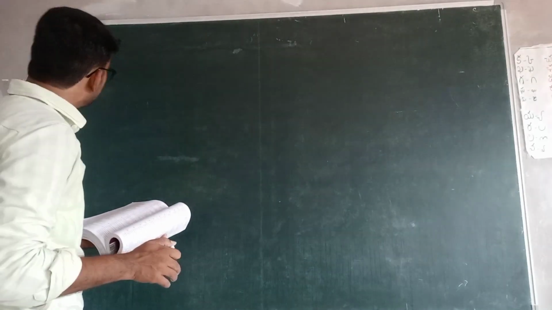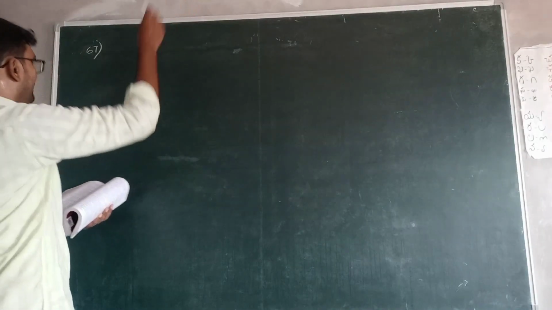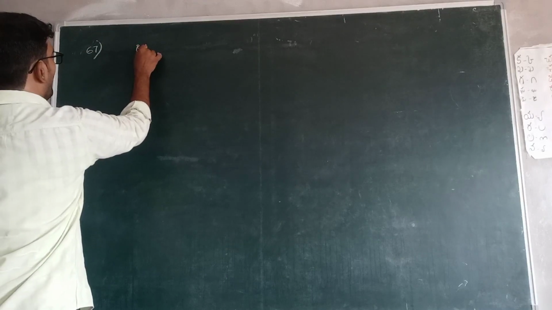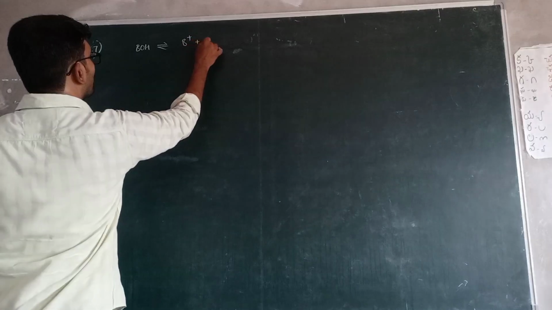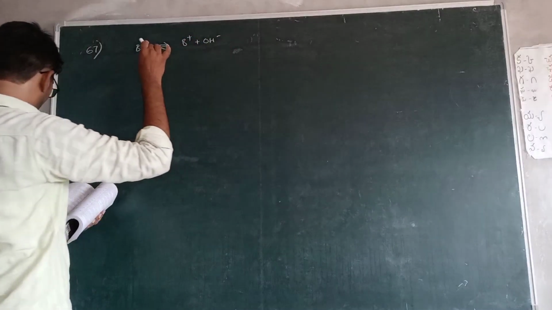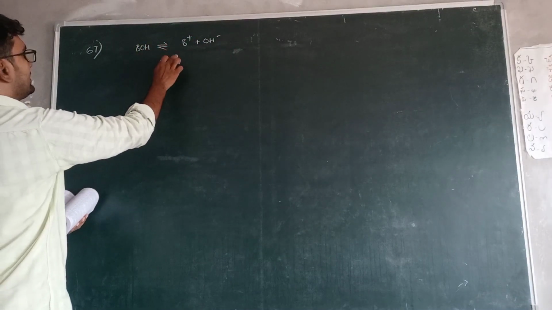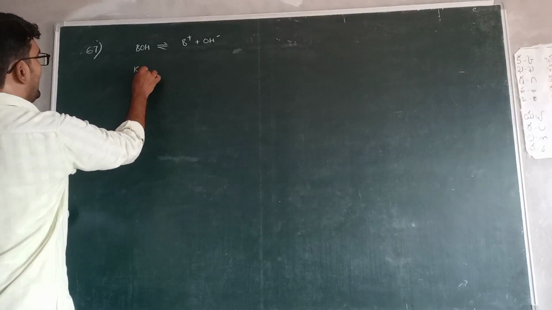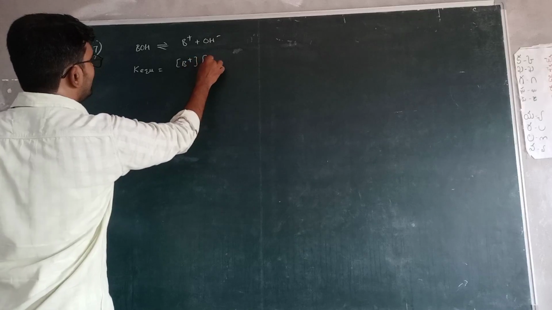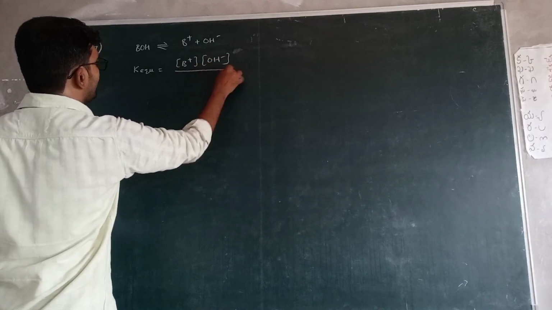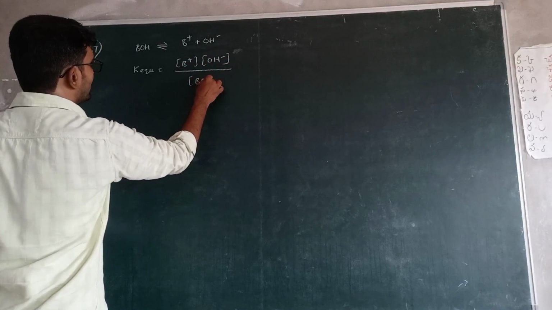Now 67. In the 67, first one: BOH gives rise to B+ plus OH minus. Here the equilibrium constant is given. K equilibrium is equal to concentration of B+ into concentration of OH minus by concentration of BOH.